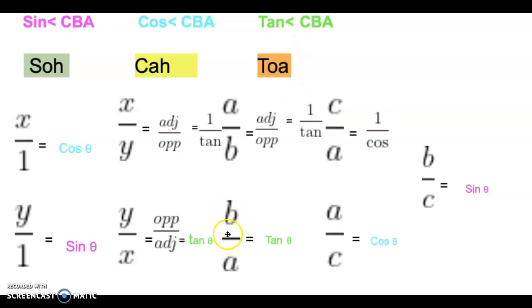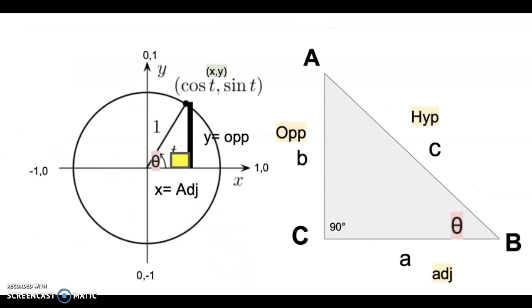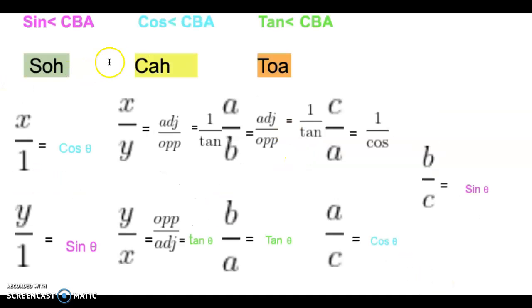Now we have b over a. In our right triangle, b over a is opposite over adjacent, which is tangent, so it's equivalent to tangent. Moving on, we have c over a.